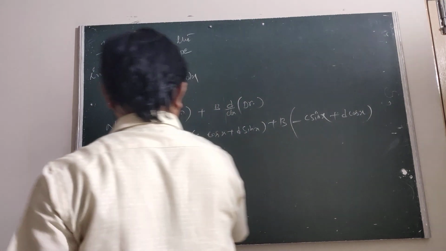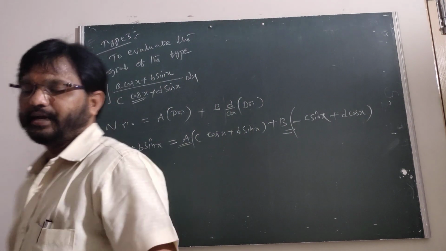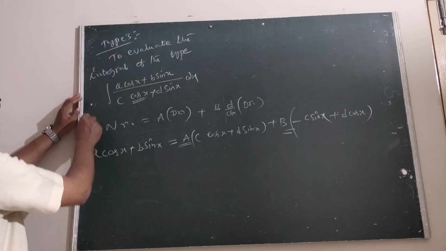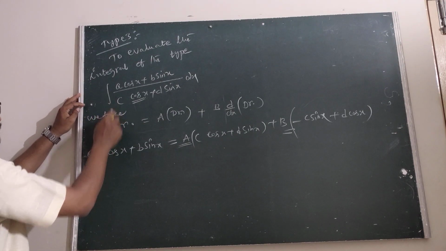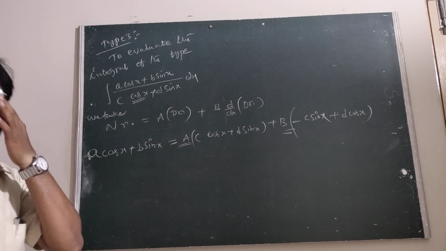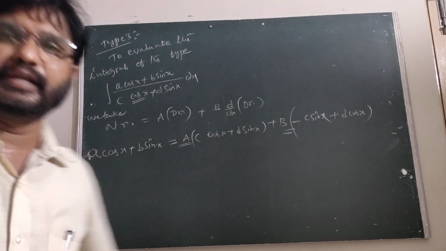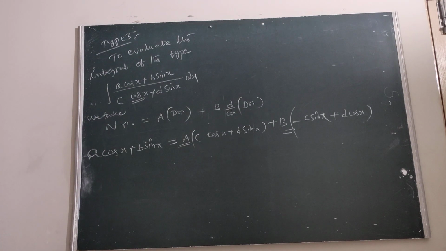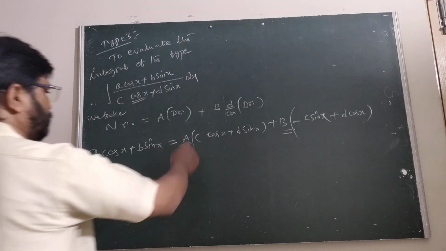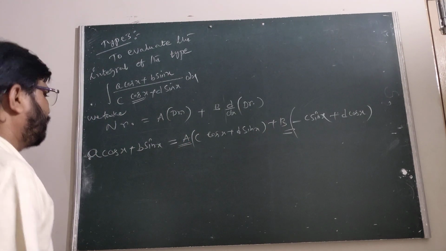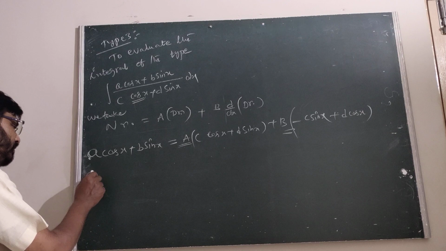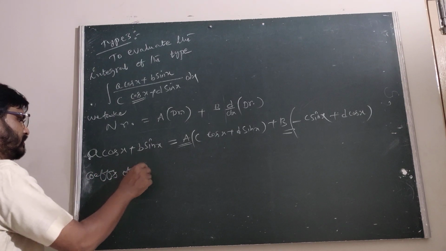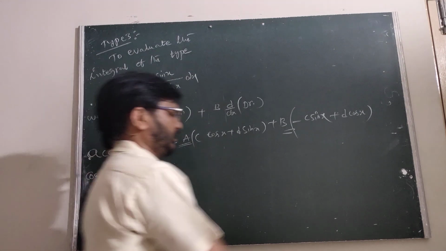From this, we have to find the values of A and B. When we take the numerator equal to A into the denominator plus B into d by dx of the denominator, we are looking to find the values of A and B. First we have to compare on both sides the coefficient of cos x in the above equation.